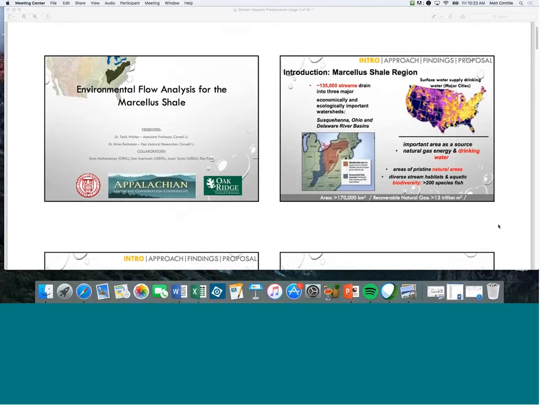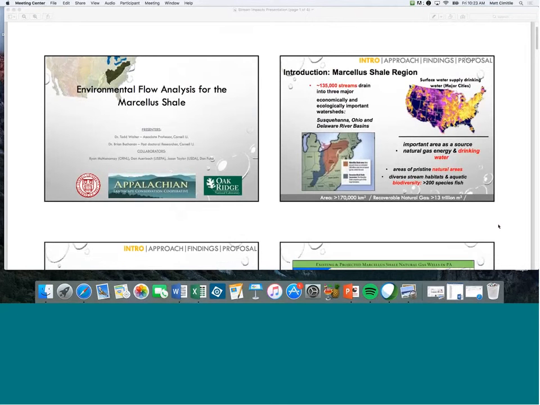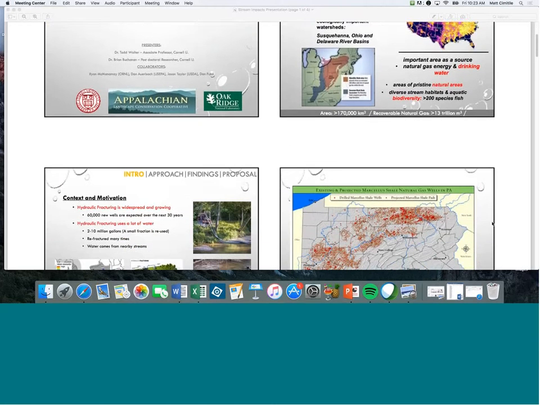Anyway, I'll keep going. From a biodiversity standpoint, it's also super important for species, with lots of pristine areas. We go to the next, and it covers a huge part of the eastern United States as well.